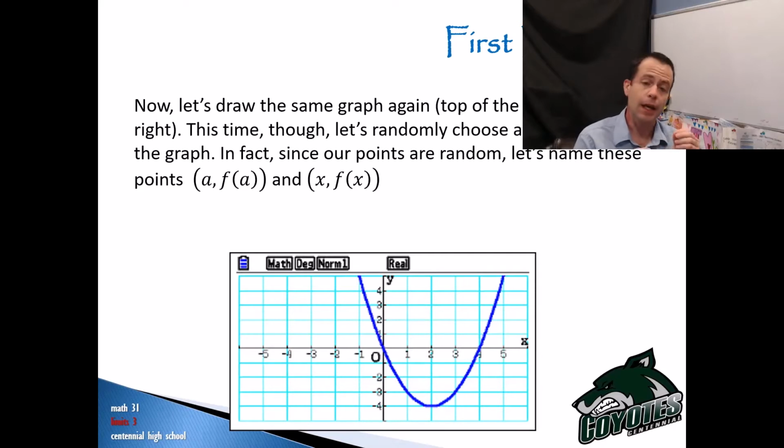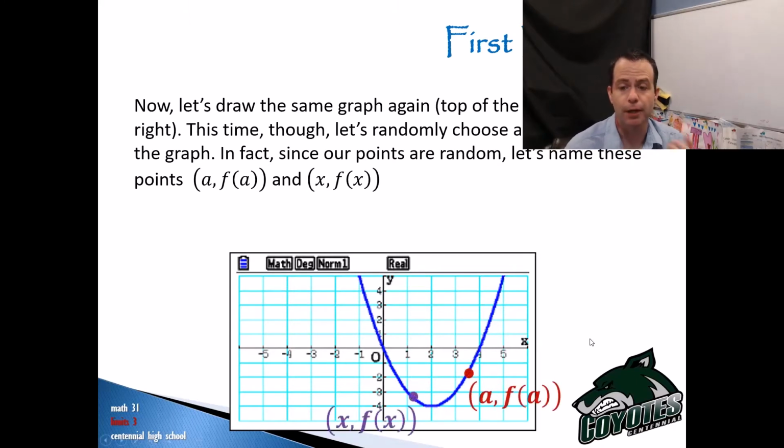Point being, A represents some random x value, and f of A would represent the output if I put that random input in. And my other point is going to be x comma f of x. So I'm just going to randomly label them in 2 different spots, okay?